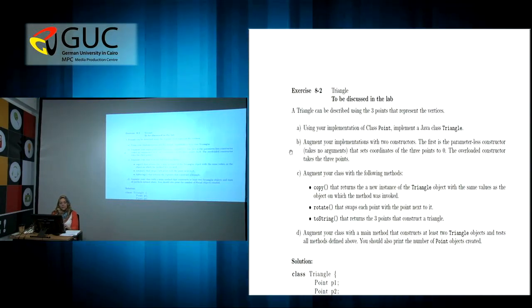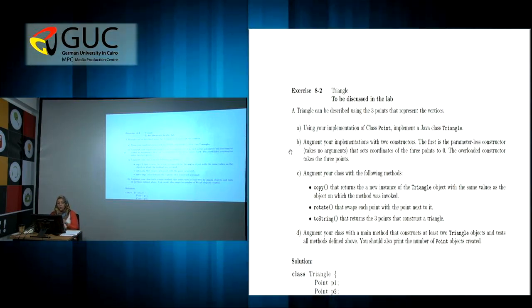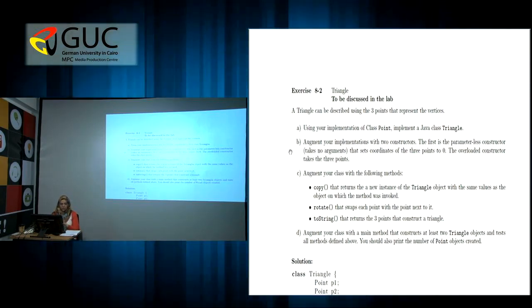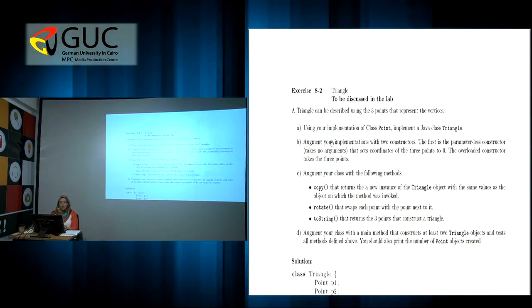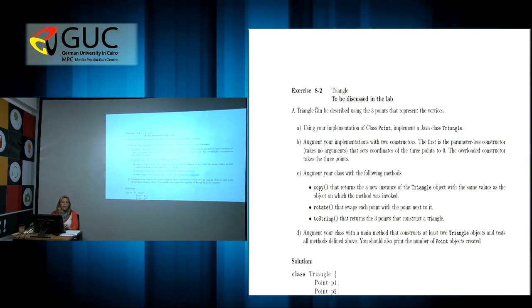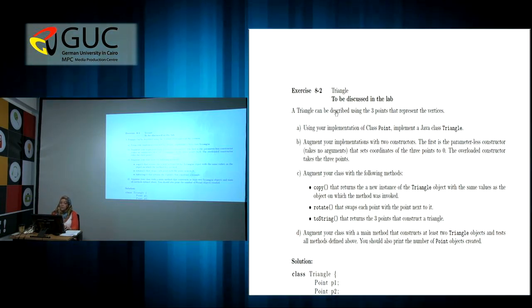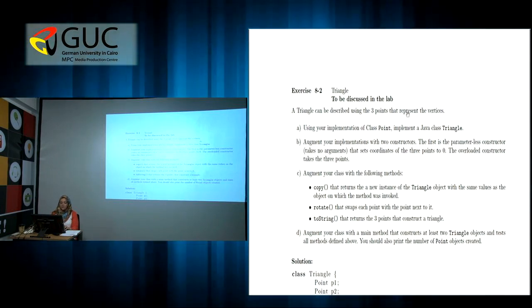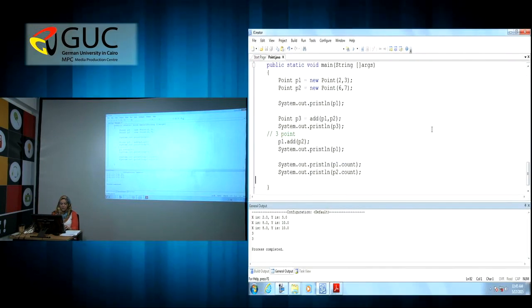And the reason that we are solving this exercise is that it relates to the point class, so that's why we'll solve both exercises. So in this exercise, you are asked to describe a triangle. And it says that a triangle can be described using 3 points that represent the vertices. Okay, let's take a look at our point class.